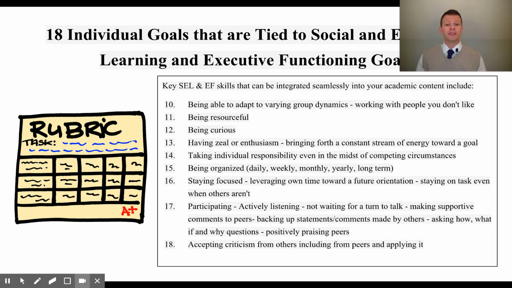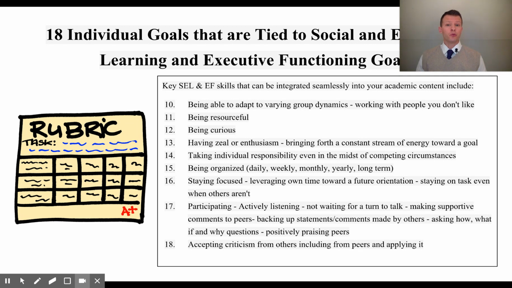So number 16, staying focused, leveraging our own time for future orientation and staying on task even when others aren't. Having to basically monitor time on task could be a bit of a tedious task for a teacher to do.